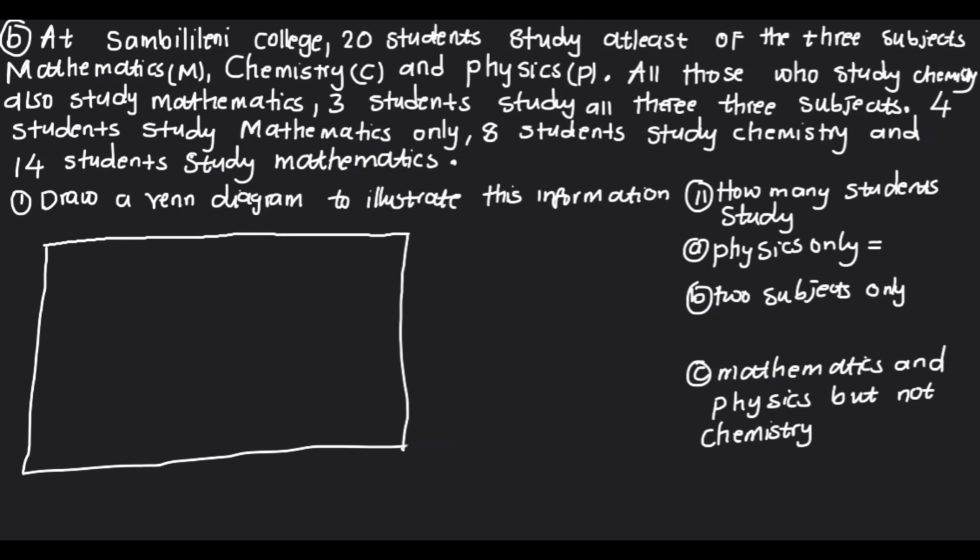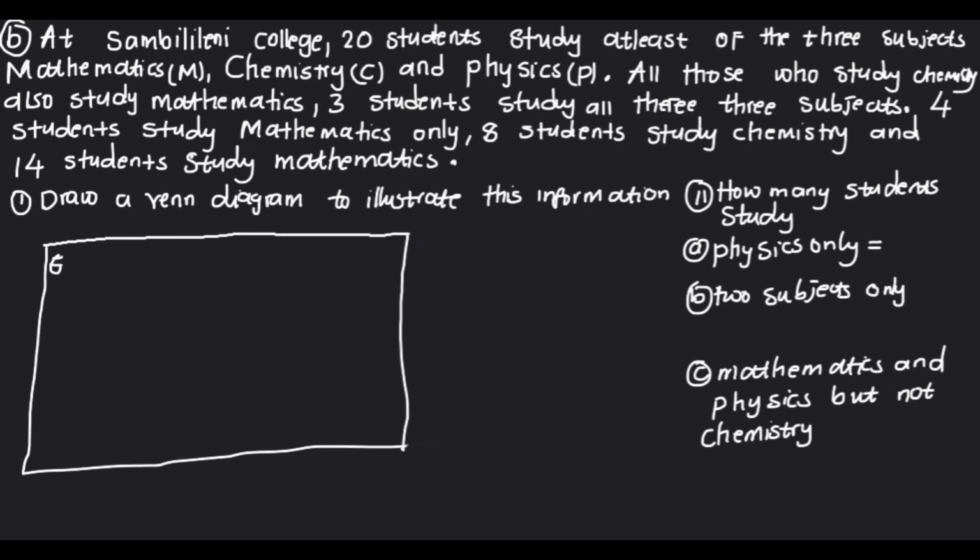Now from these 3 sets here, the first point that we need to take into consideration is we have the intersection of all the 3 sets. So 3 students studied all the 3 subjects. So we need these 3 sets to intersect at one point.